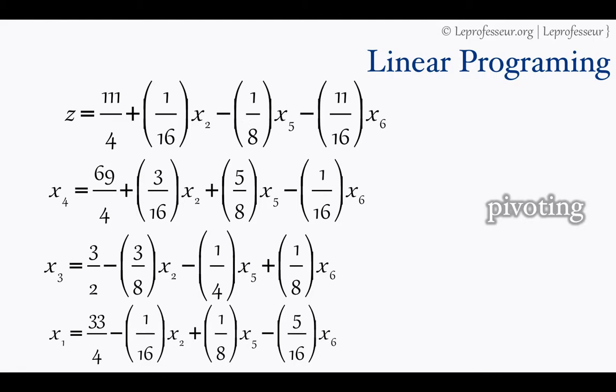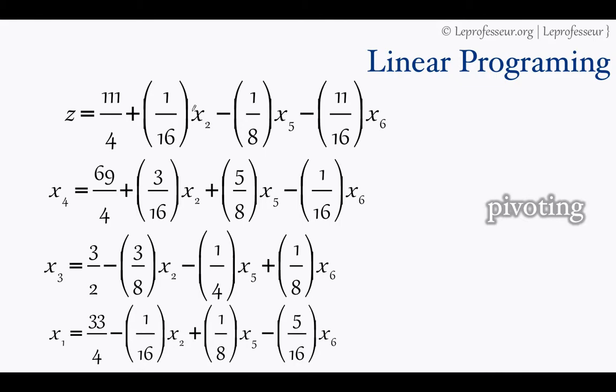All right, now see here we got rid of the term which had a positive coefficient, x3, from the objective function. Now we have x5 and x6 which have negative coefficient, meaning that we can't increase the value of x5 and x6. If we increase them, it will decrease our objective function value. The only variable left here is x2.